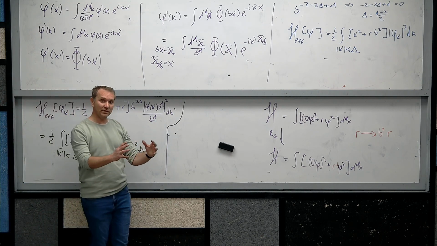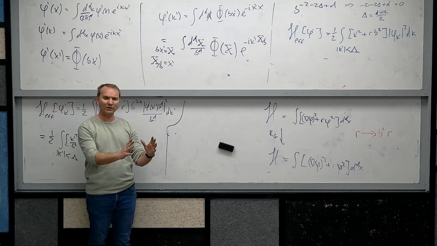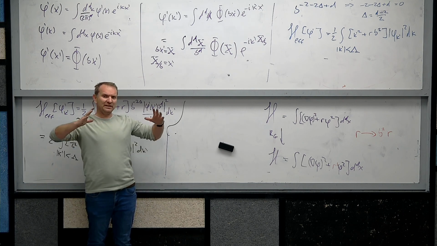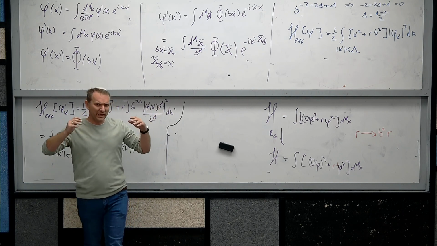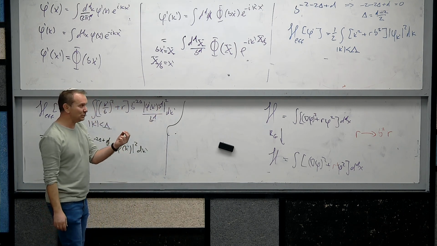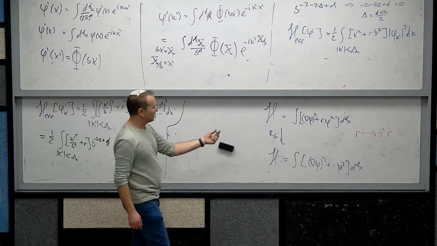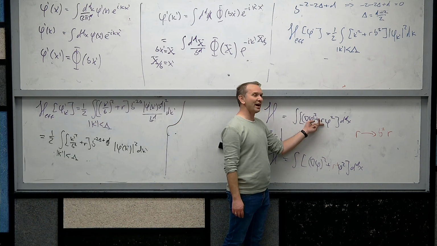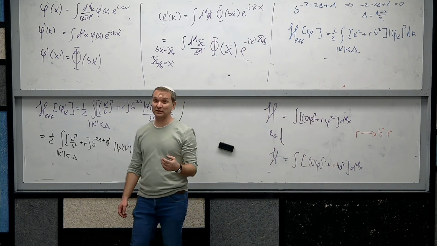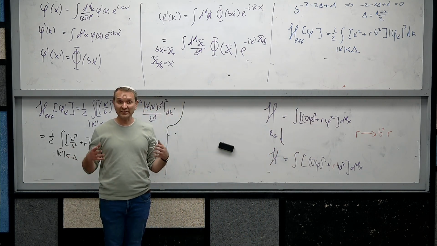So the only thing that you do by averaging and increasing your scale, zooming out, is that in the original Hamiltonian, this effective interaction r is multiplied by b squared. And that's absolutely it.